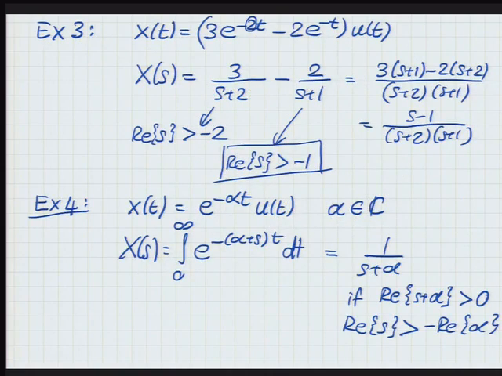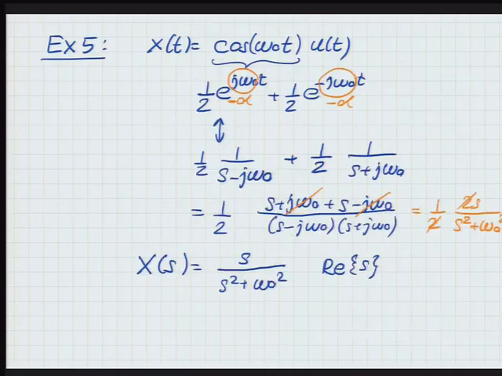Because we said the real part of s must be bigger than negative real part of alpha, right? Okay, but alpha in this case is just j omega, right? So the real part of that is 0, so we just need the real part of s to be positive.